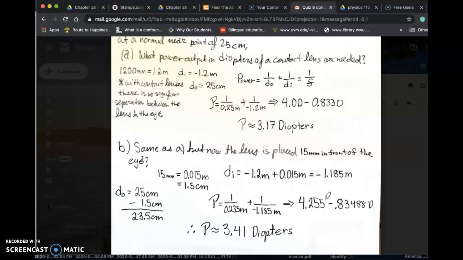This gives us a new power of 3.41 diopters, which shows that prescription lenses offer a greater power than contact lenses. When you put distance between the eye and the lens, you create a smaller value for the distances of both the object and the image, and then we're looking at the inverse, so that creates larger numbers.